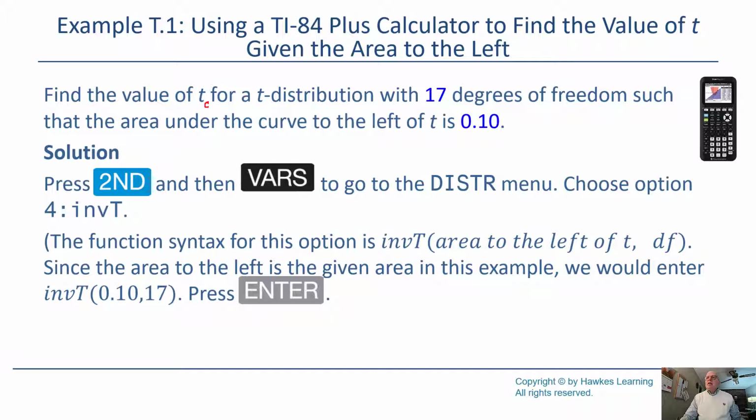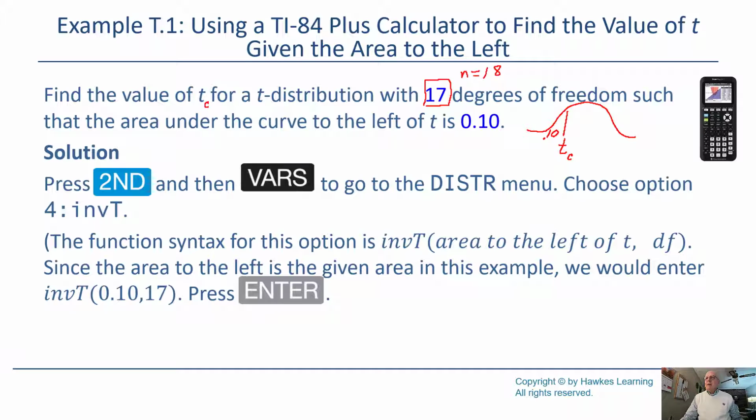Say 17 degrees of freedom, that means n was 18. You want the area under the curve to the left of T. If the area is only 0.10, you'd have to be there to get an area that small. And there would be your T.